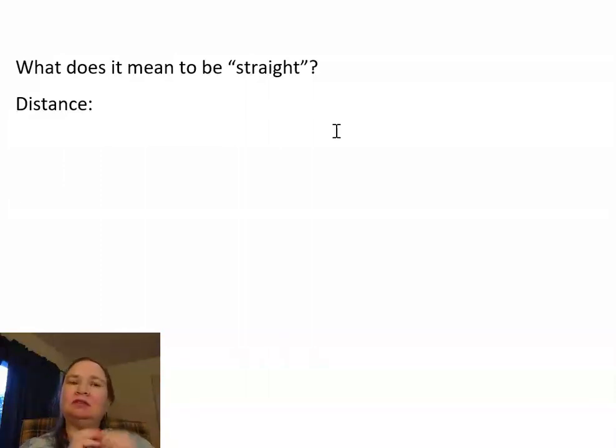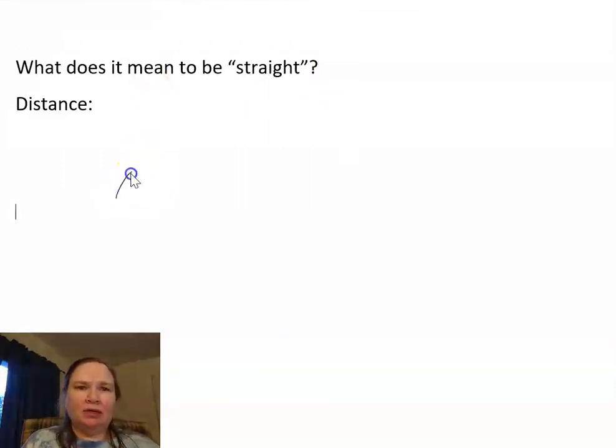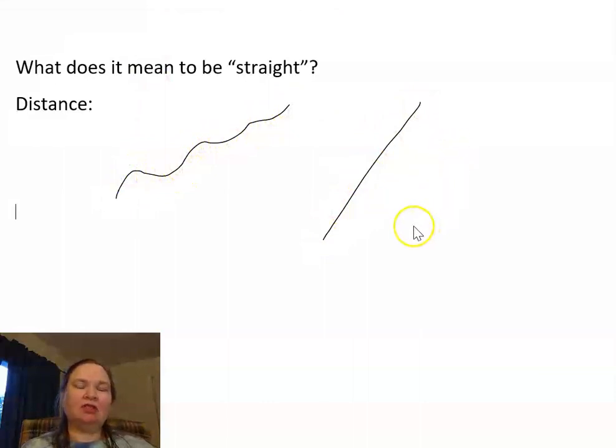But a distance is a number. It's always positive or zero. And it tells you how far from this point to that point. Now, if I draw some things, I can draw something that looks curvy, and I can draw something that looks pretty straight.